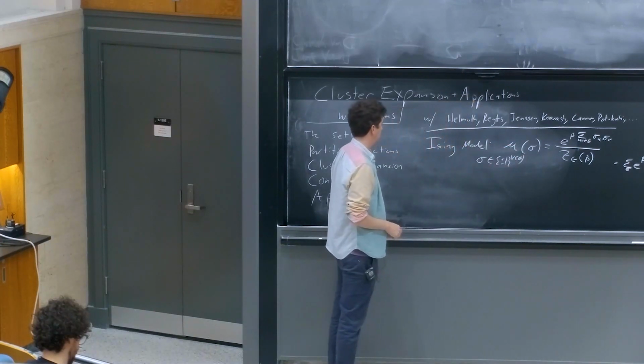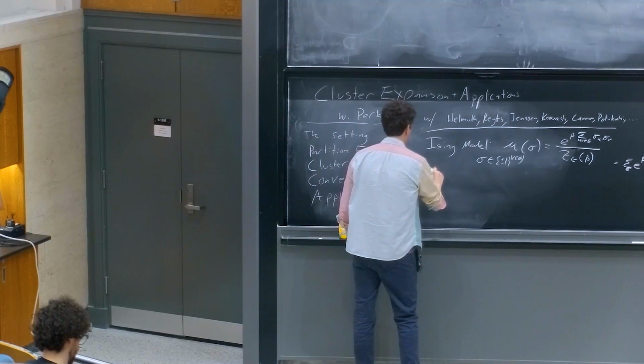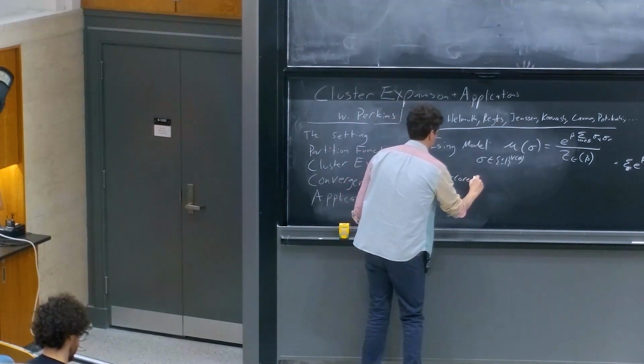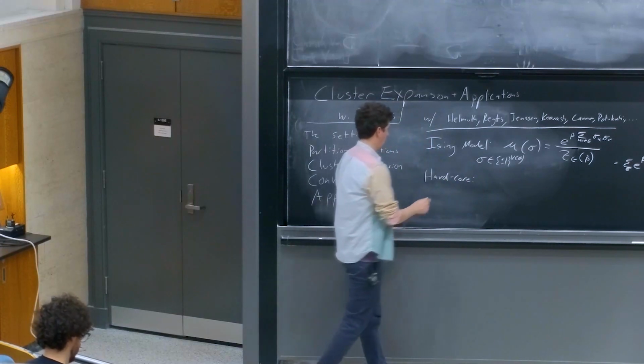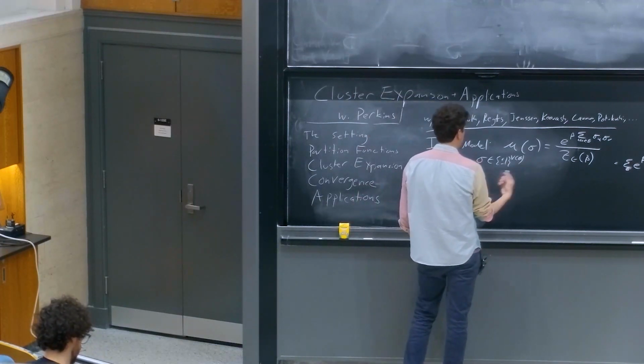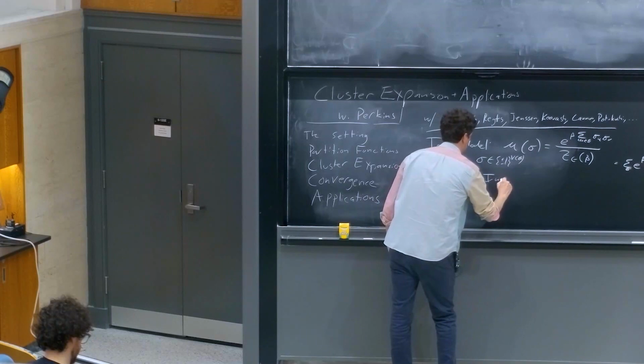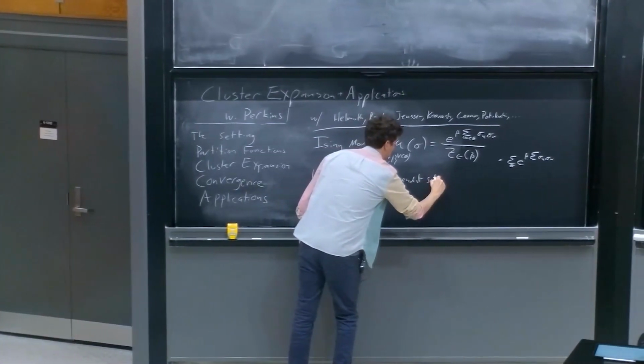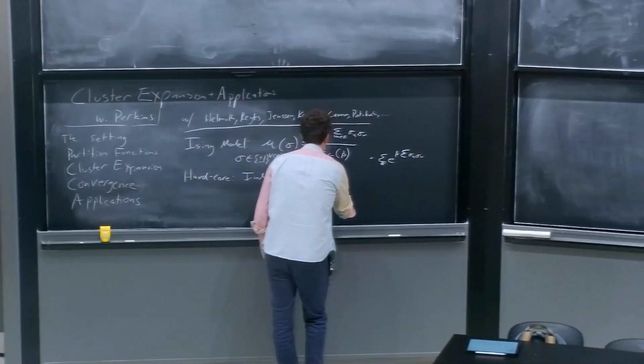Good. That's one model we'll talk about, and the other is the hardcore model, which we introduced. So let's be precise. The hardcore model is a probability distribution on independent sets of a graph. And what's the probability you pick an independent set?